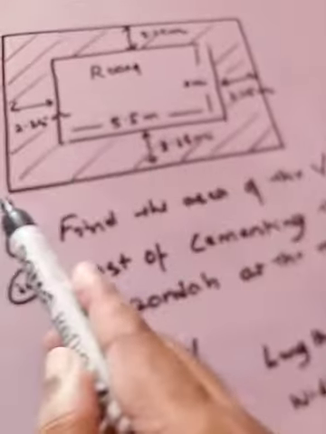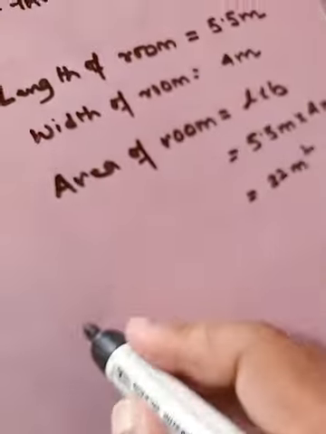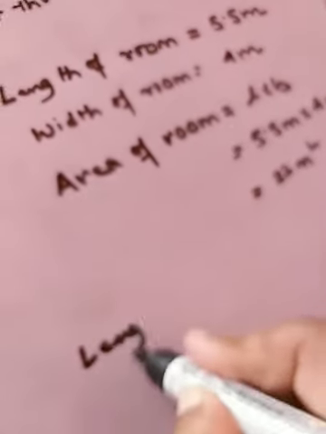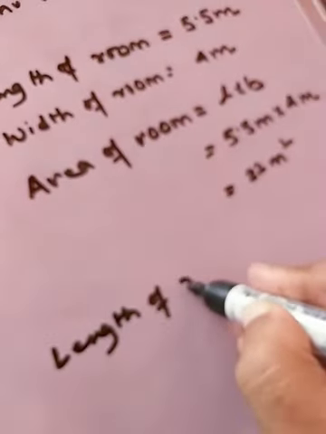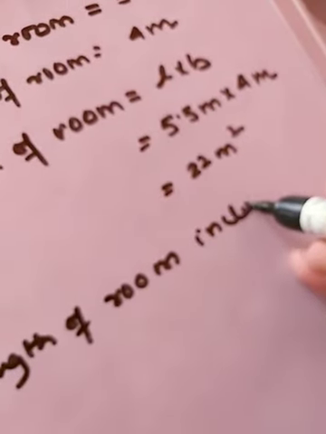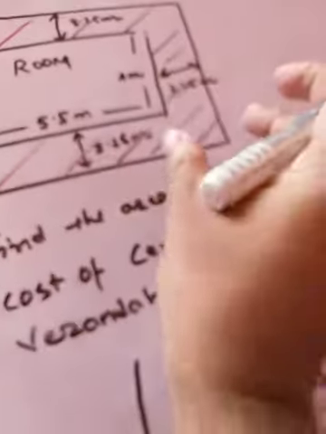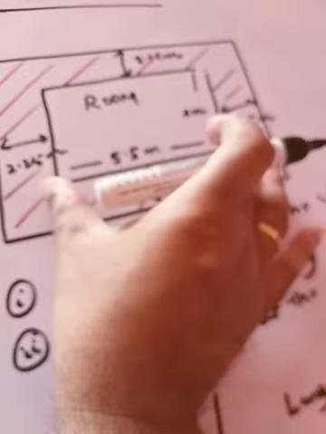Now we have to get the external length, that is the length of room including veranda. That means we are including the width of the veranda with this, isn't it?